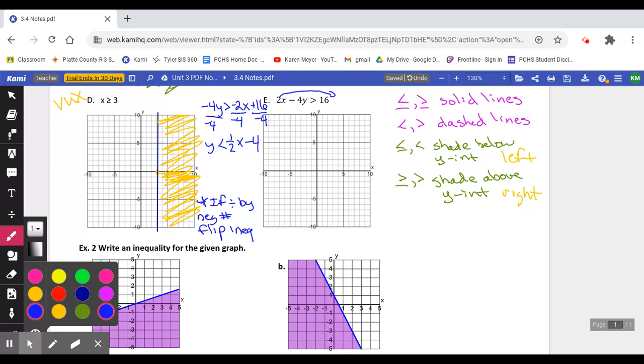So now graph that one. We're going to go to negative 4 on the y. We're going to go up 1 and right 2. Up 1, right 2, etc. And you could also do your slope backwards if you want. Down 1 and left 2.